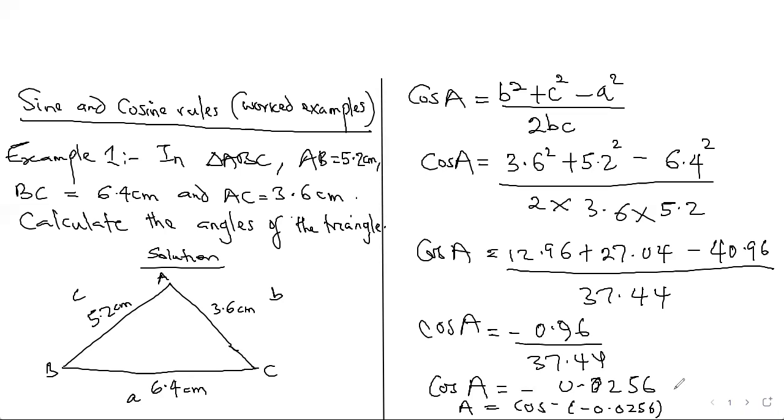If you press that in your calculator, shift cos of the answer, that will give you approximately 91.5. So A is approximately 91.5 degrees.